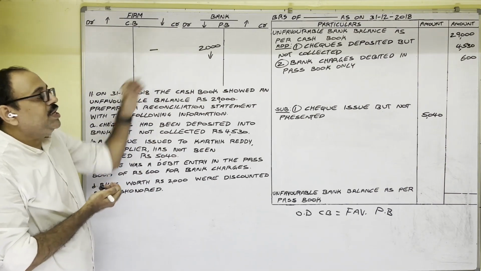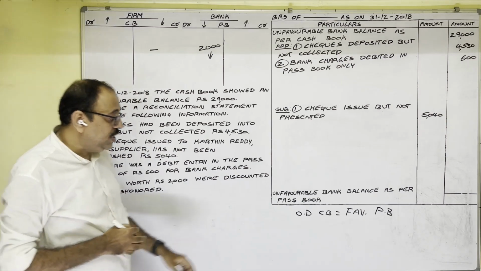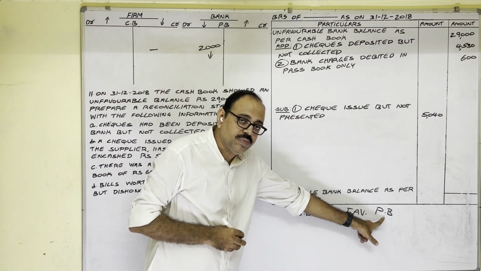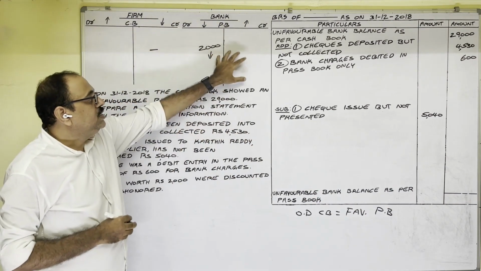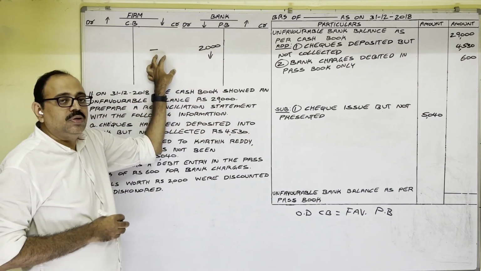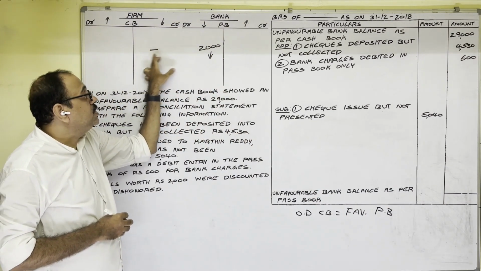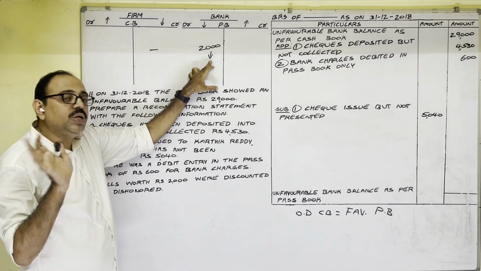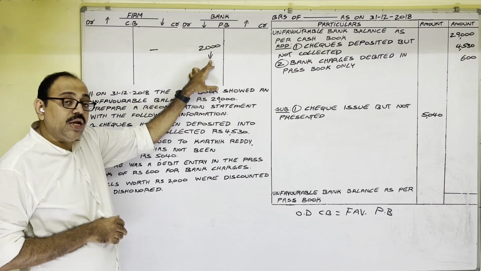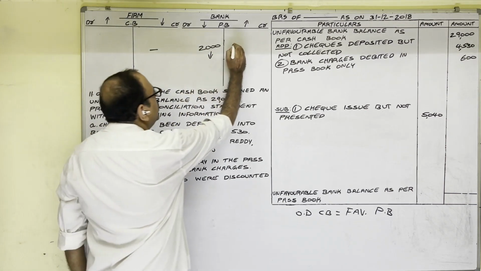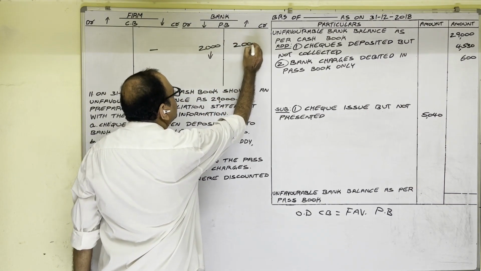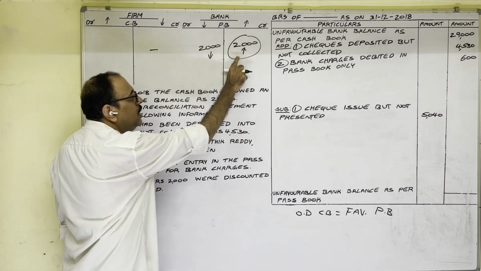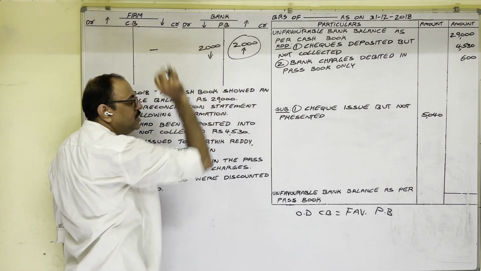Now this happened, and the bank balance as per the passbook is given in the question. So what is the rule? Adjust the passbook as per the cash book. As per the cash book, the bank balance is constant, but the passbook decreased. Now this decreased amount we should cancel. How to cancel? If you increase 2000 again here, then the decreased 2000 and increased 2000 both get cancelled.